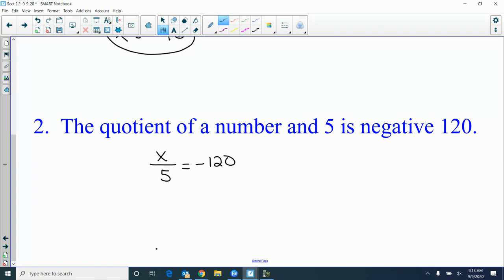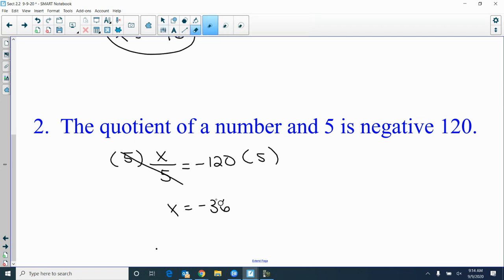You're multiplying by 5. Good. And so that cancels. -120 times 5 is negative 600. Okay.